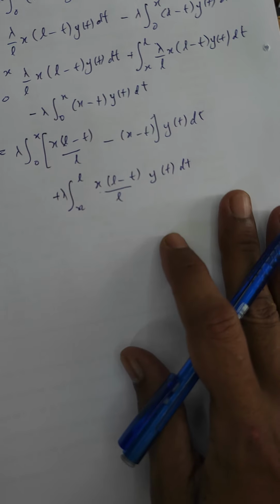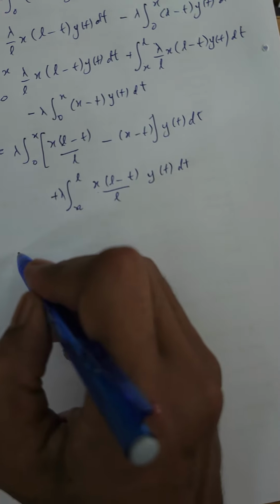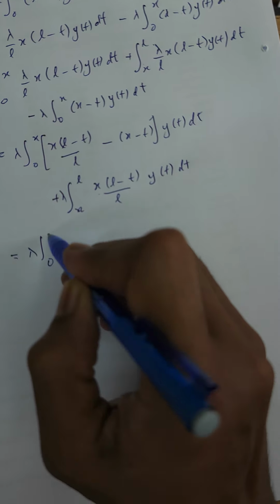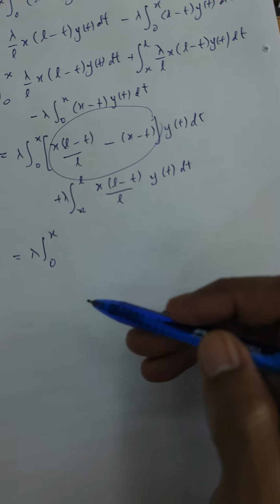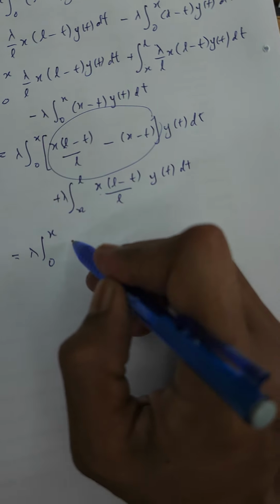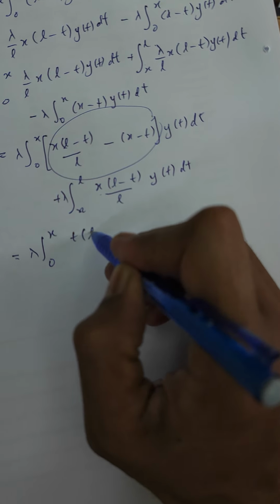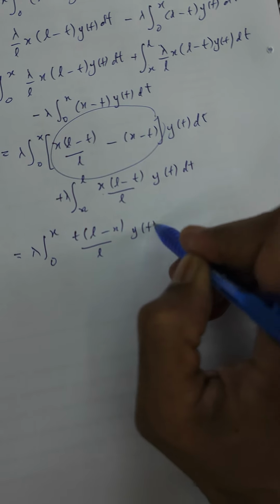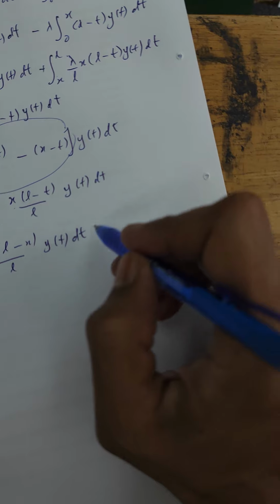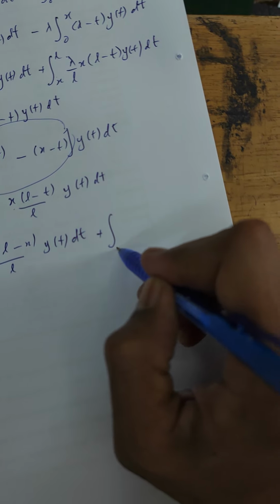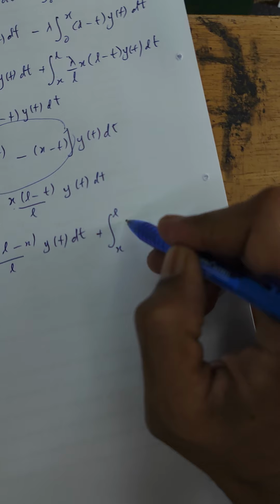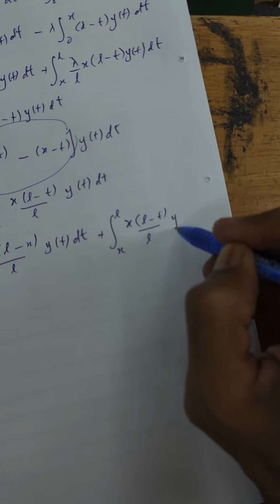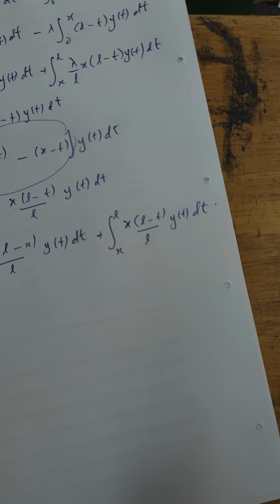Okay, and then again rewrite this. This is equal to lambda integrate 0 to x, simplify this term here, then we got t (L minus x) over L, y(t) dt, plus integrate from x to L, x (L minus t) over L, y(t) dt.